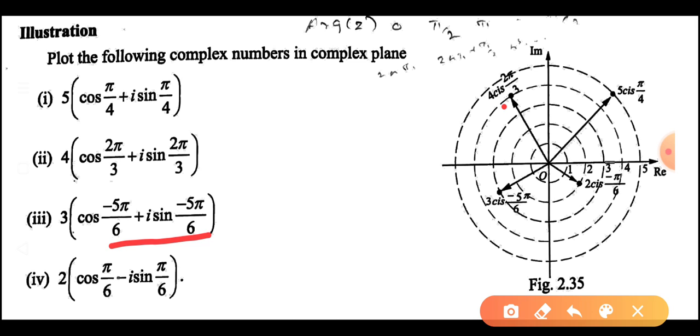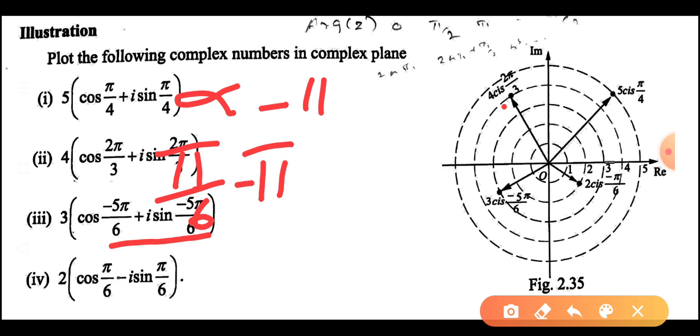How do you write this? Here cos pi by 6 minus pi. We are going to write theta equal to alpha minus pi. In the third quadrant we write in this form, alpha minus pi.